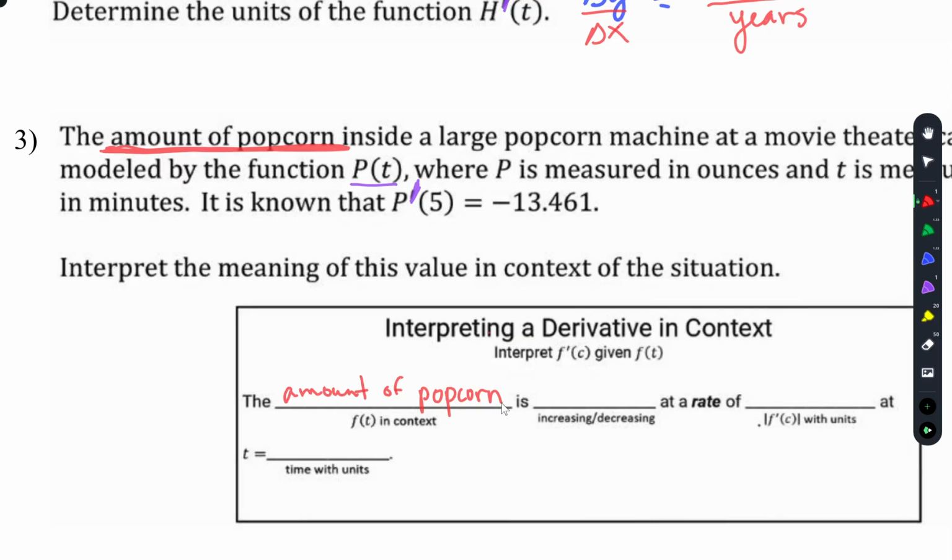And then when you're talking about a rate, this is where you're going to be looking at whether it's positive or negative. So if your rate is negative, then you're going to say that it's decreasing. If it was positive, you'd just say increasing, okay?